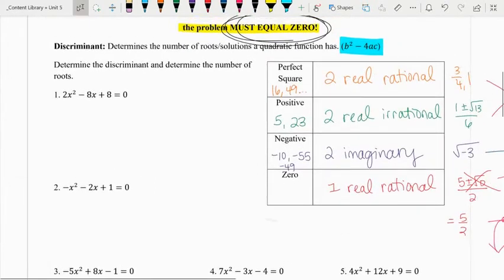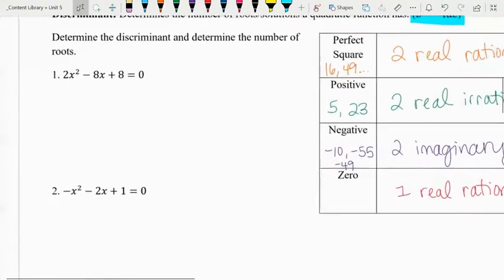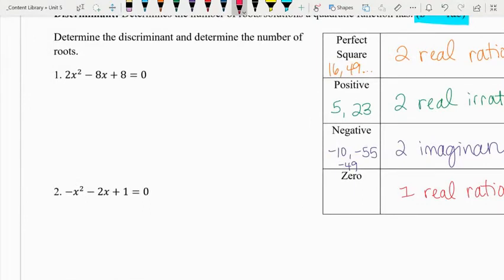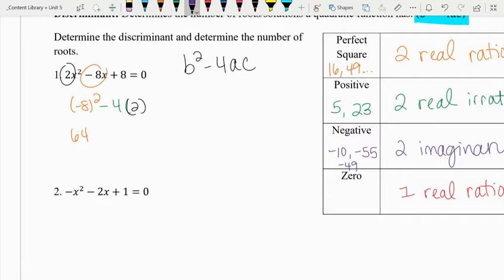So it says determine the discriminant and determine the number of solutions. Starting with this first one, remember we're talking about b squared minus 4ac. My b value is negative 8. If we take negative 8 and square it, we get 64. Then it's minus 4 times a, which is 2, times c, which is 8.